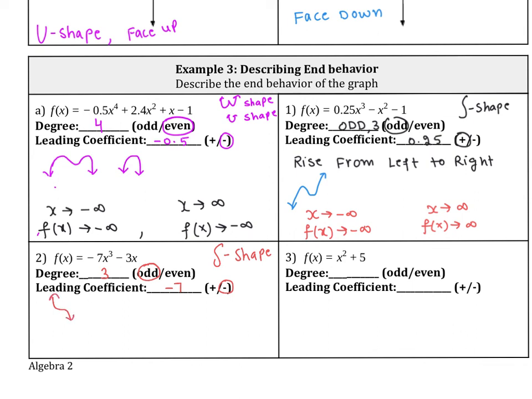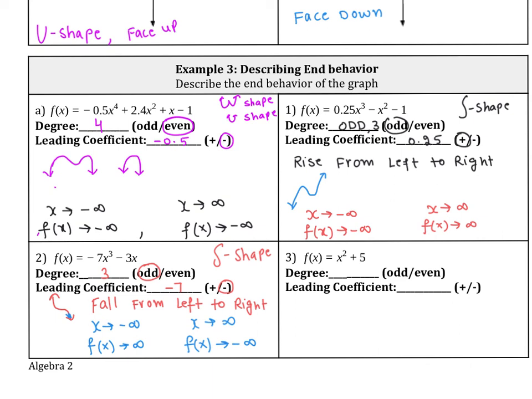So when x approaches negative infinity, on this side, y is approaching positive infinity. When x approaches positive infinity, on the right side, f(x) is approaching negative infinity.